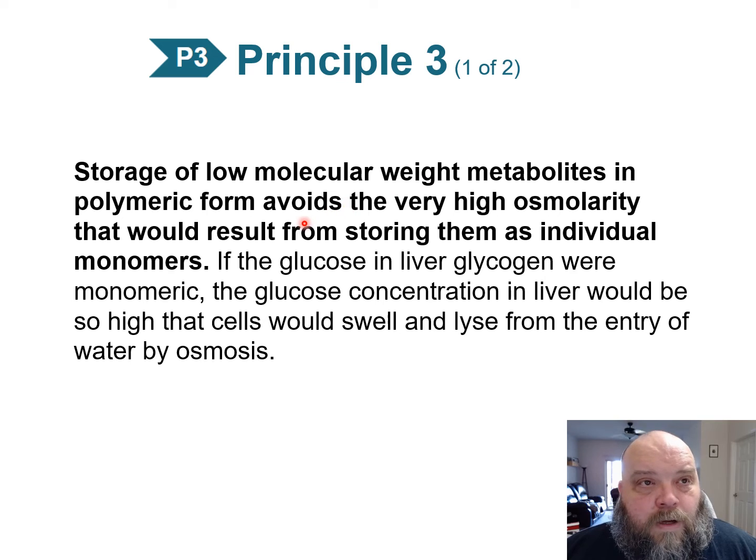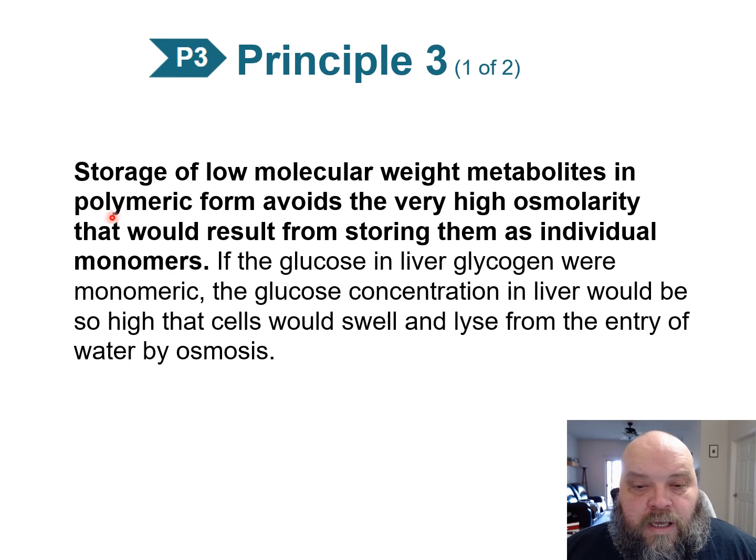Why do we do this? Well, it turns out that individual monomers, if you have 1,000 sugars in the cytoplasm of a cell, actually affect the subcellular environment greater than if you linked them all together as a polymer.